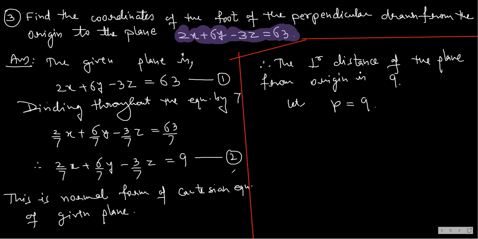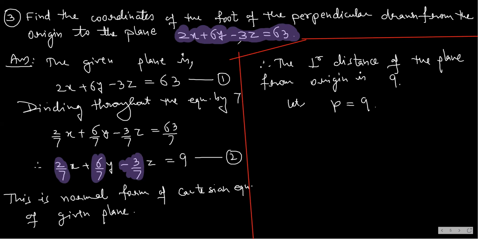From equation 2 now I can write the DCs of the normal to the plane. I said normal to the vector, I'm sorry, I can write the DCs of the normal to the plane.